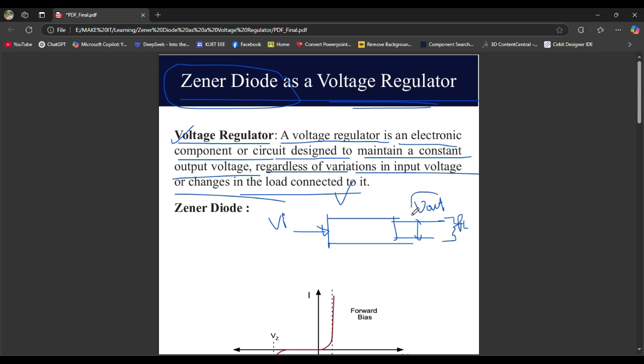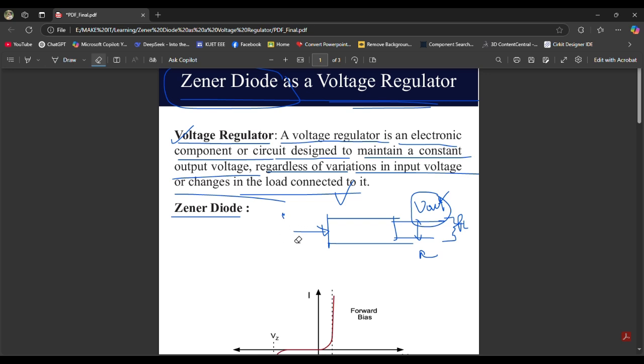The output voltage of the device will always be constant. So you can say that the device acts as a voltage supplier. In this video, the Zener diode will work as a voltage source only.